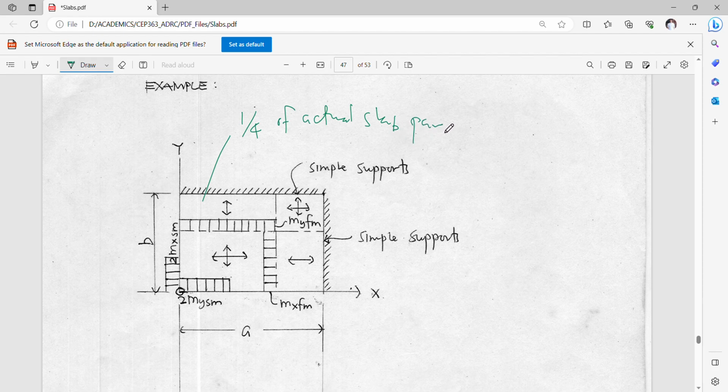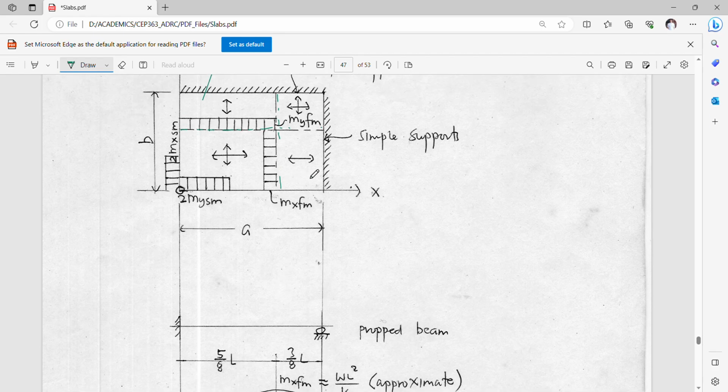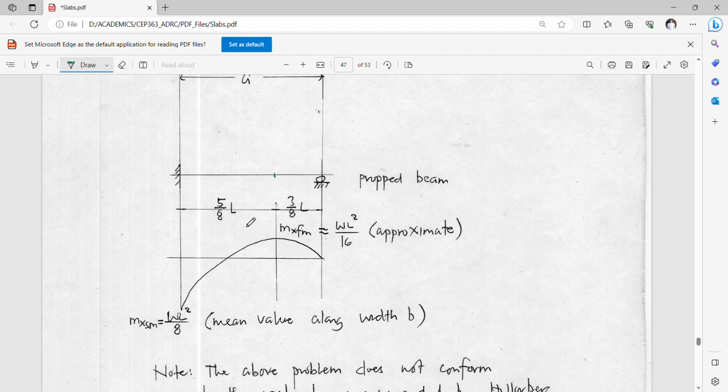Basically, what we did is we made use of a sub panel here, divided again by 4, but this time noting that since this is a simply supported edge, we come up with a propped cantilever again. Wherein this is a 5/8, 3/8 subdivision, where the positive mid-span moment is located, and this is WL squared over 16 and WL squared over 8.